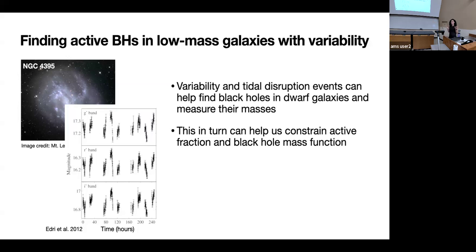Smaller black holes, we think, display more rapid variation. So if we can have really frequent observations, we can also start to constrain black hole mass, which is really interesting. So I wanted to use this variability of active galactic nuclei to try to find black holes in dwarf galaxies.